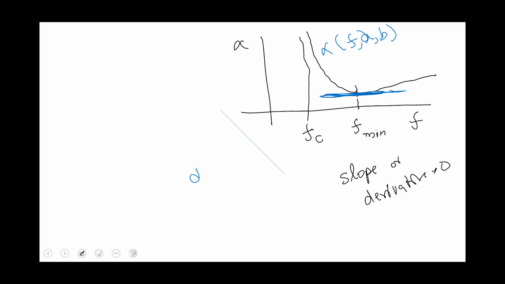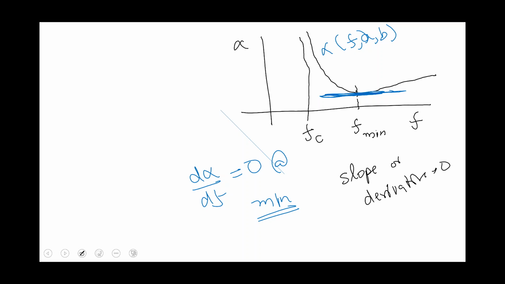So we should be doing d alpha by df, and that should be equal to 0 at minimum. Because that's effectively what I'm doing physically, right, with the derivative.